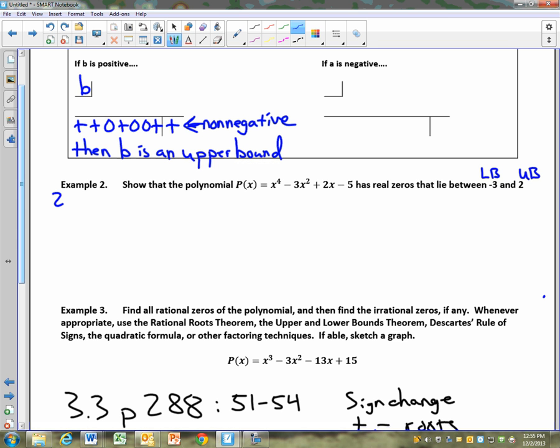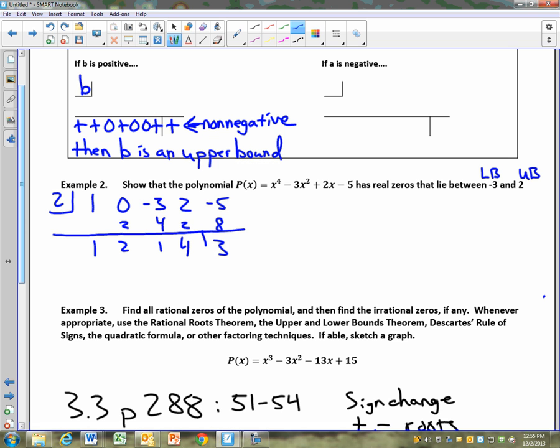All I do is I plug it in for synthetic division. 1, 0, negative 3, 2, negative 5. I run my synthetic division. 1, 2, 2, 4, 1, 2, 4, 8, 3.